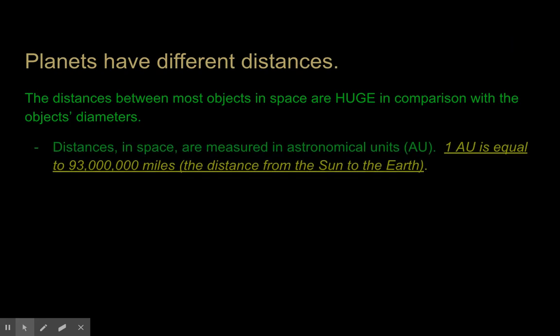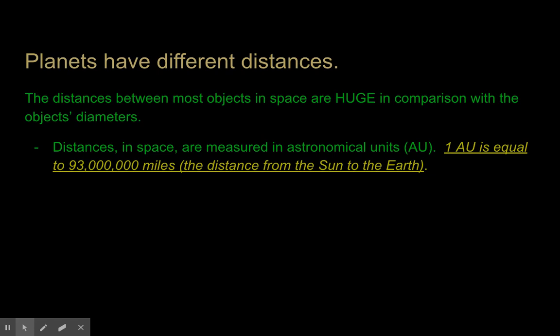What do I mean by that? Well, distances in space are so large that scientists had to come up with their own unit to measure them. And I personally think that this is a good one because a lot of times when we're studying units, they don't really make much sense, right?